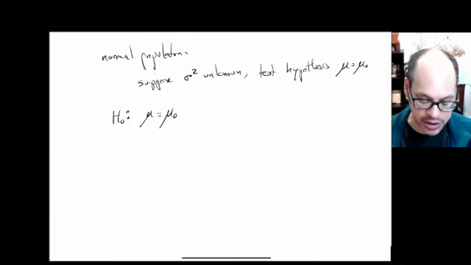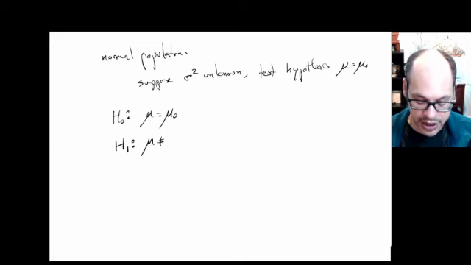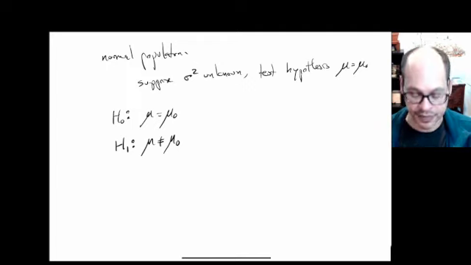And so in this video, we're going to just take a look and see how that comes about from the likelihood ratio test. So just to be clear, we have the null hypothesis that the mean has some value mu naught, the alternative hypothesis that it doesn't have that value.